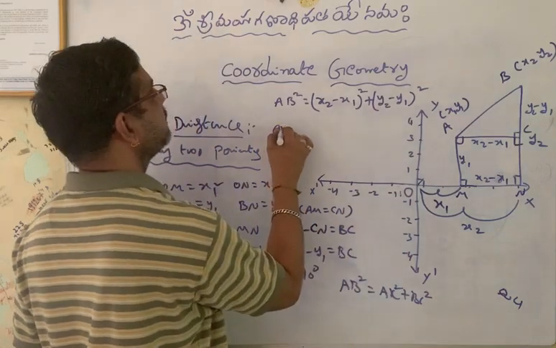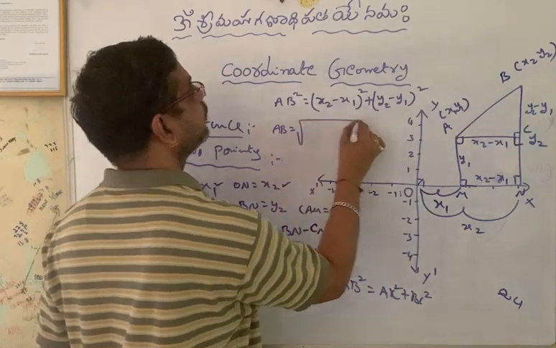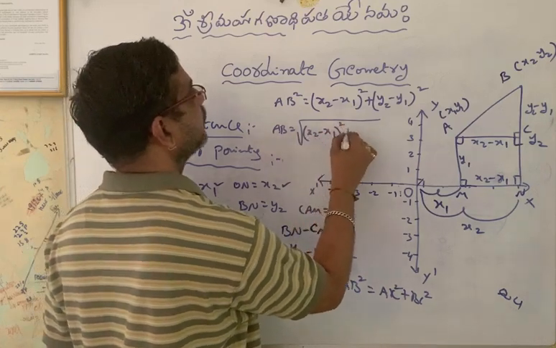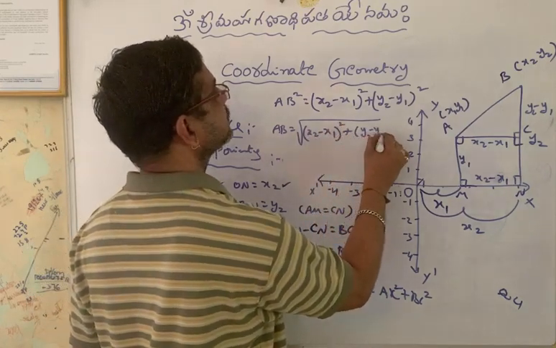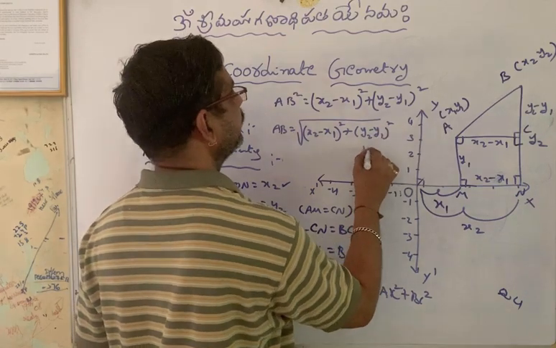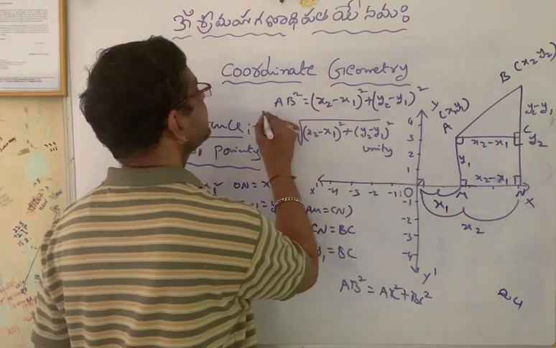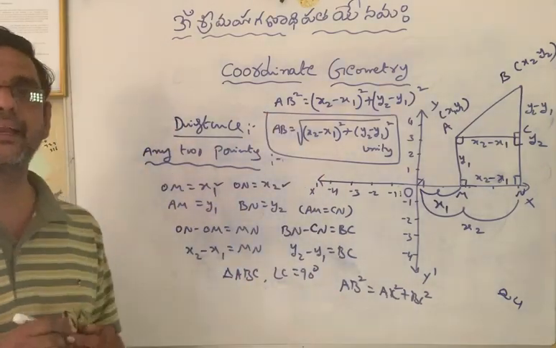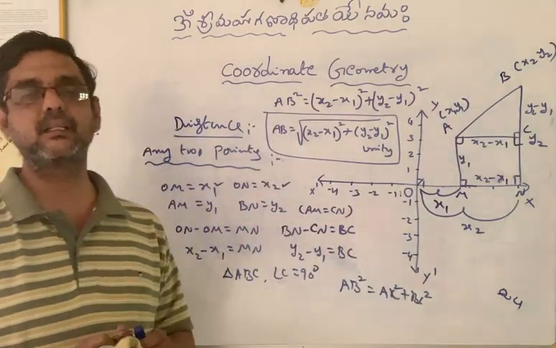Then the value of AB is equal to square root of x2 minus x1 whole square plus y2 minus y1 whole square units. So this is the formula to find out the distance between any 2 points in the Cartesian plane.